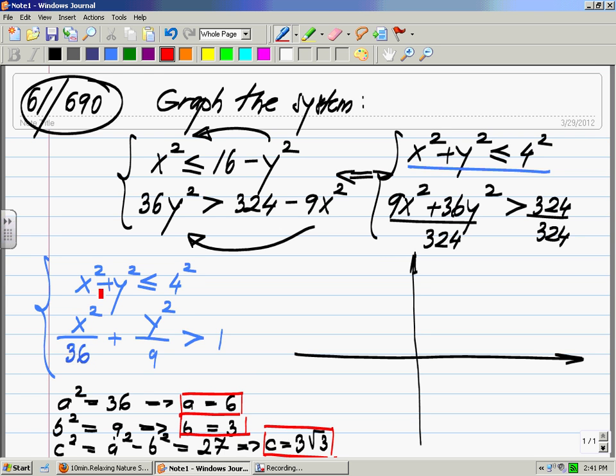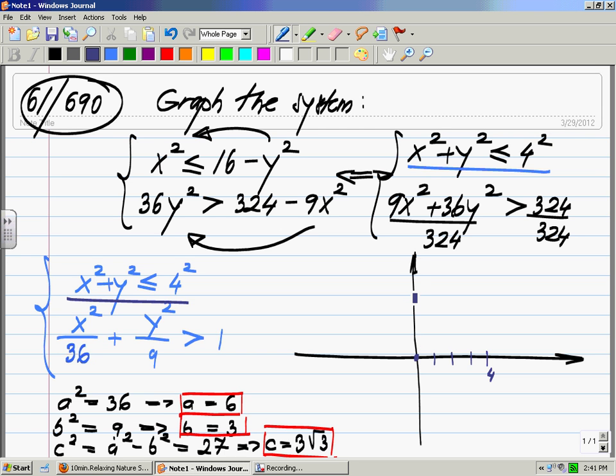Let's start with the circle. Circle x squared plus y squared equals 4 squared. So I have a circle which is centered at the origin. And how long is the radius? 4 units long, right? So if this is 4 right here, that's 4.